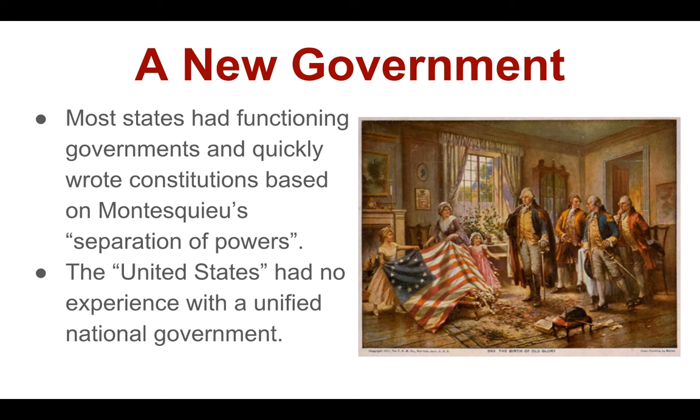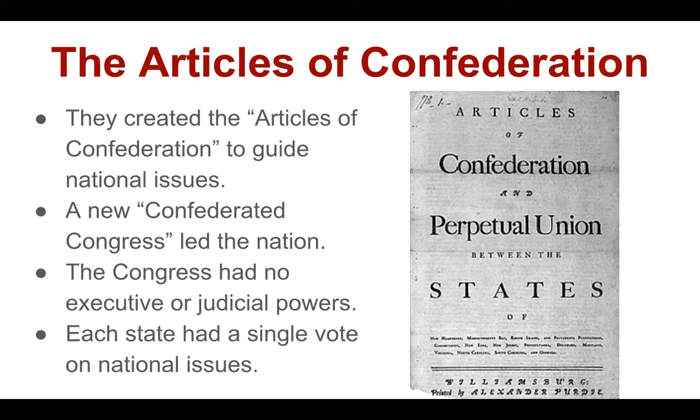And the Constitution solidified those. So the states right away got practice with this style of government. So while the central United States did not have this type of experience, they were gaining it in the states. And that will later on help them to become a more unified national government.